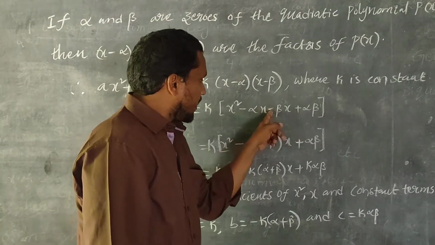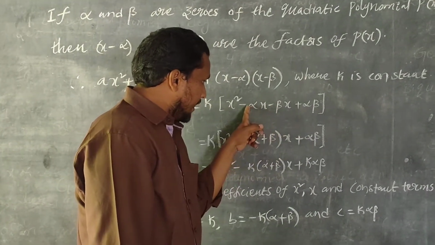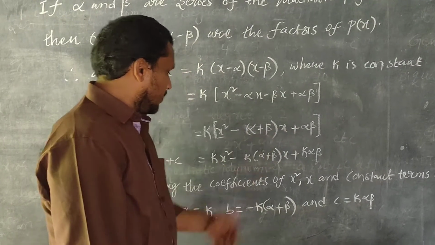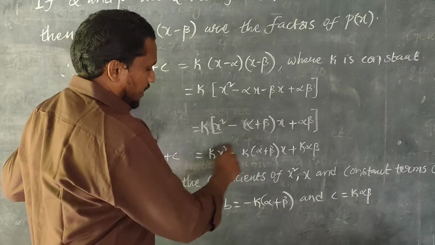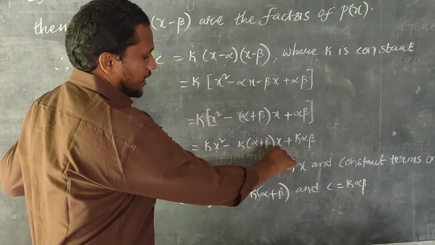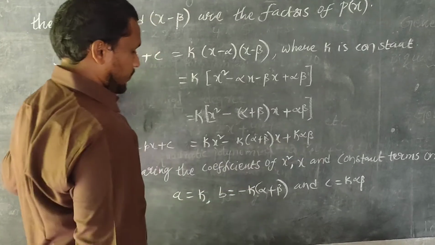Here minus x is common, remaining is alpha plus beta. Multiplying by k: kx square minus k into (alpha plus beta) into x plus k alpha beta.